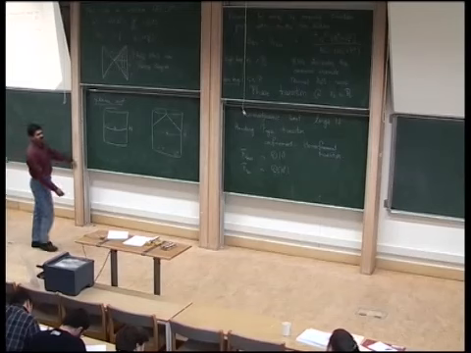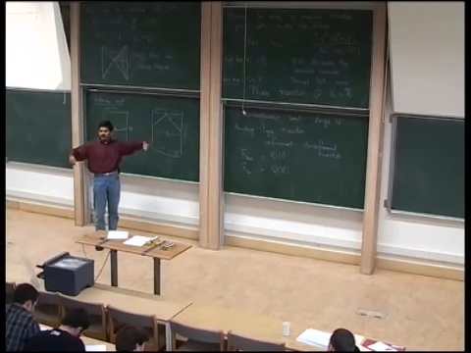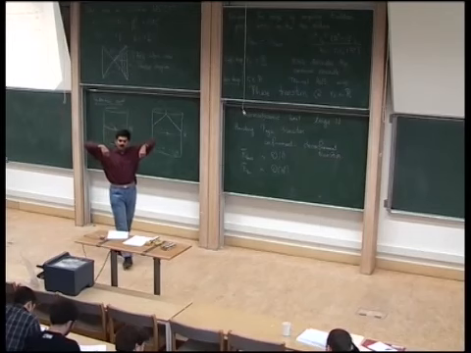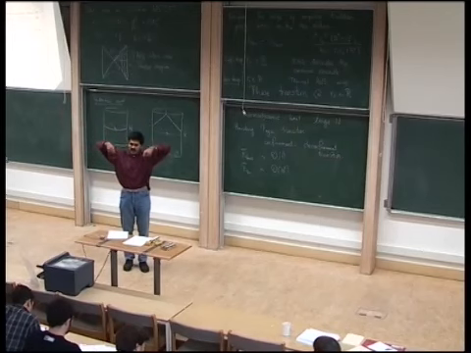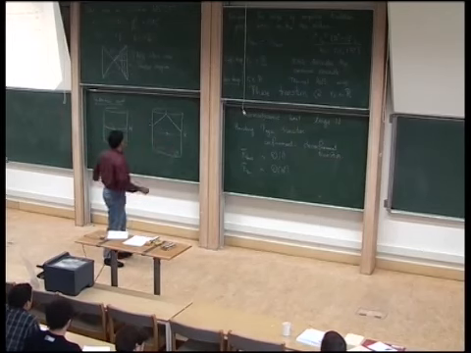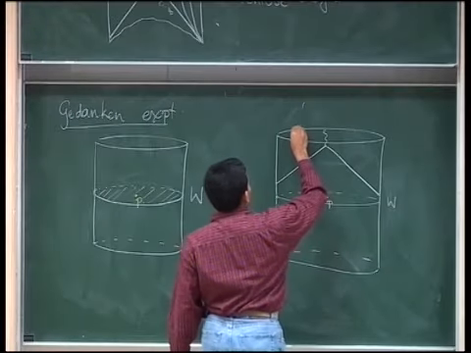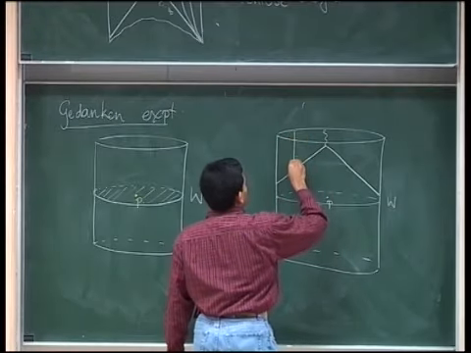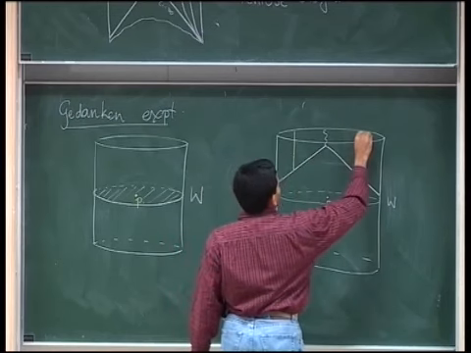I can wait for very long, look at the null geodesics that are radially coming out, trace them back to the past, and figure out where the event horizon is.